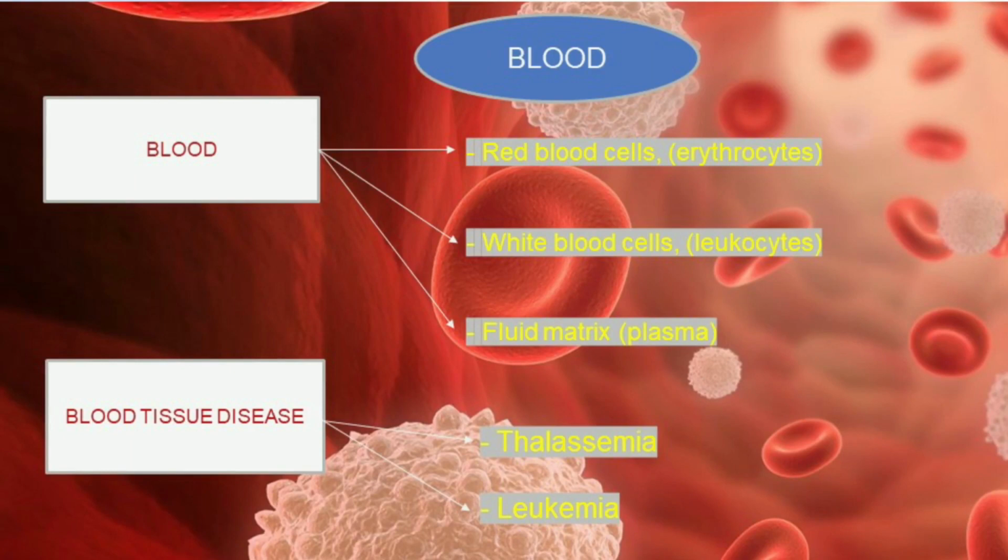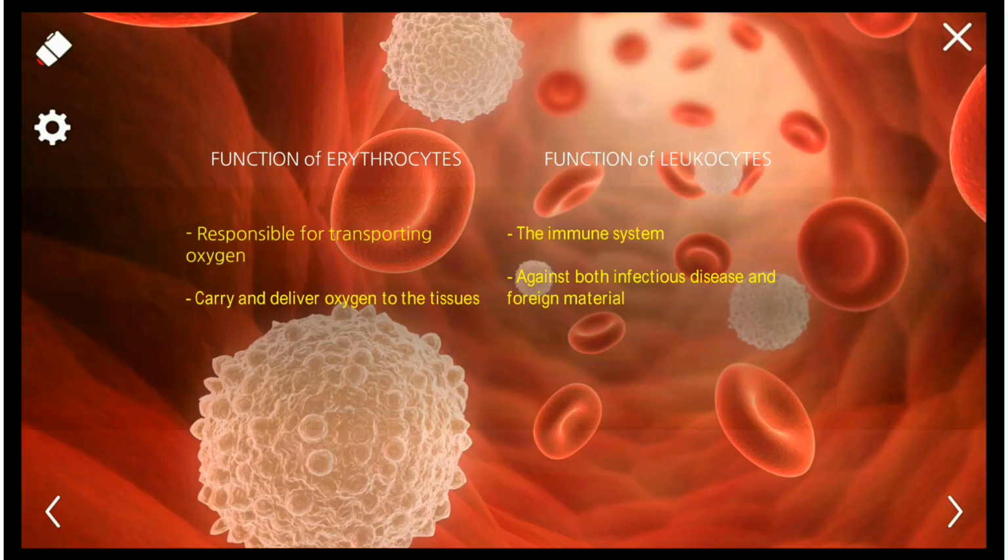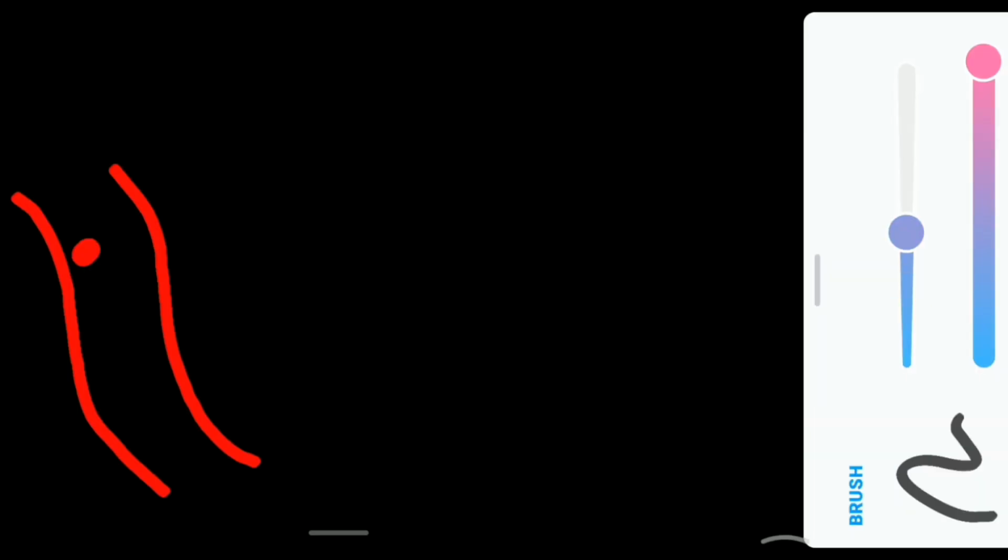Thalassemia is an inherited blood disorder that causes our body to have less hemoglobin than normal, while leukemia is a blood cancer caused by a rise in the number of white blood cells in our body. Structure. So this is a blood vessel, which is where all of the blood is contained, like red blood cells, platelets, and white blood cells. These cells are made inside the bone.